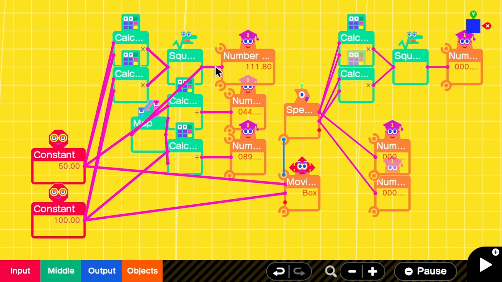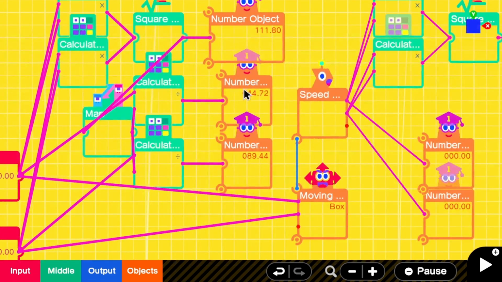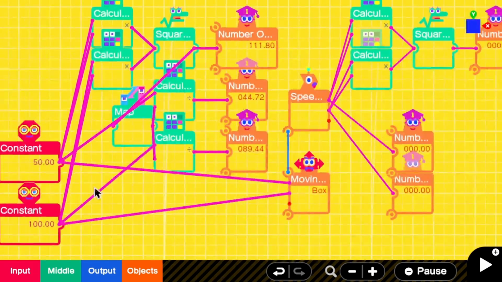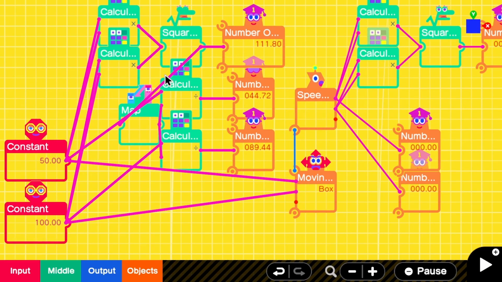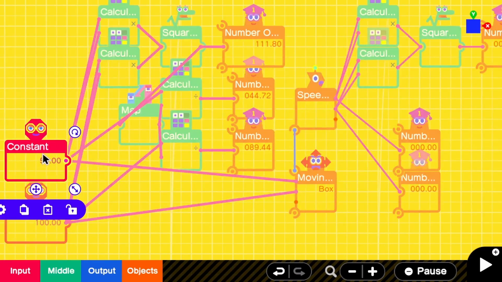So the game will scale this down until it reaches 100, and it'll scale both of its inputs down to reach that value. Here I just calculated it. From 50 and 100, they will get scaled down to 44.72 and 89.44. So even though they reach a speed limit, the ratio of each of its speeds is still preserved.